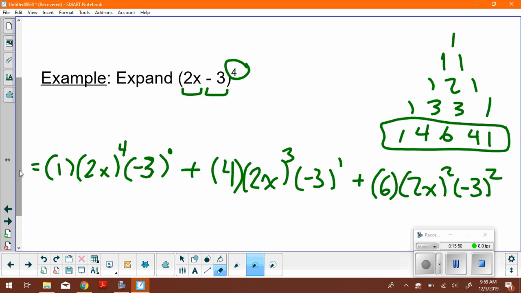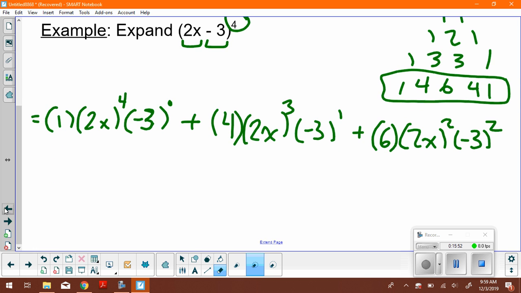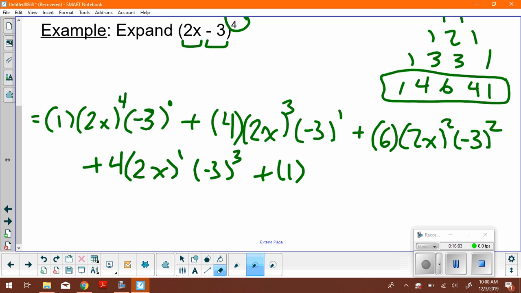Again, we just keep writing this out. So plus 4, 2x to the power of 1, negative 3 cubed, plus 1, 2x to the 0, negative 3 to the power of 4.